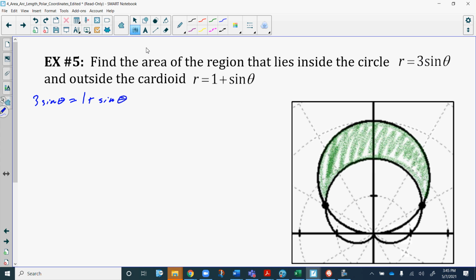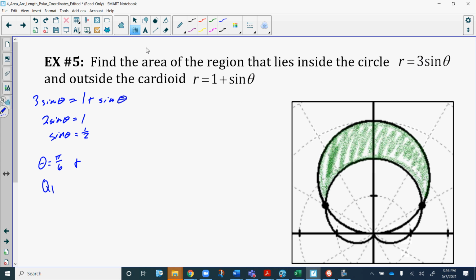So move the sine of theta from the right to the left, and I'm going to have 2 sine theta is equal to 1. So sine of theta is equal to 1/2. So theta would be equal to, in this case, pi over 6 in quadrant 1.